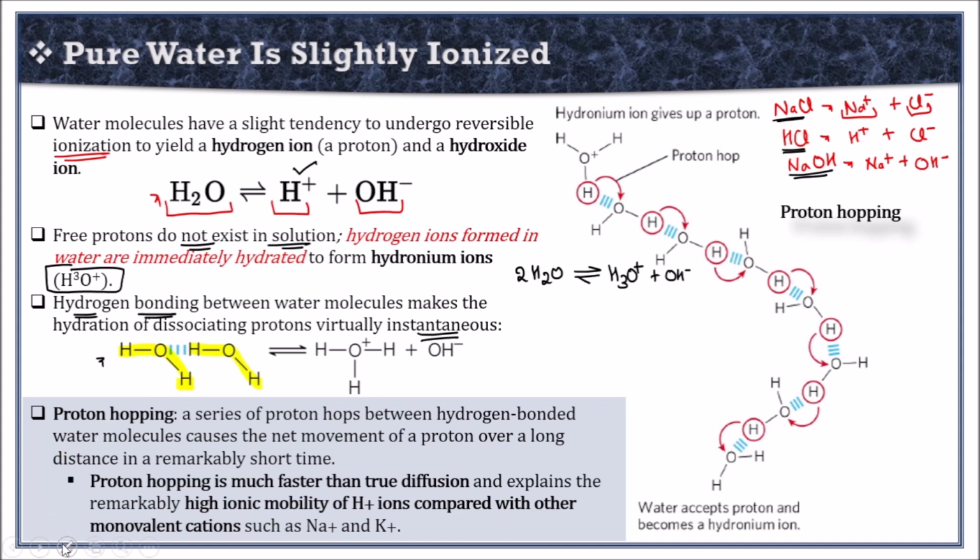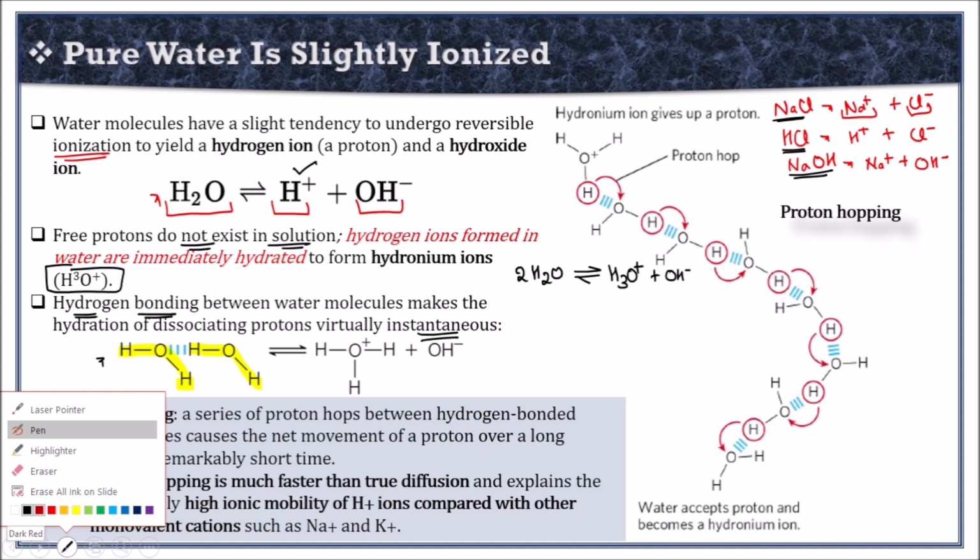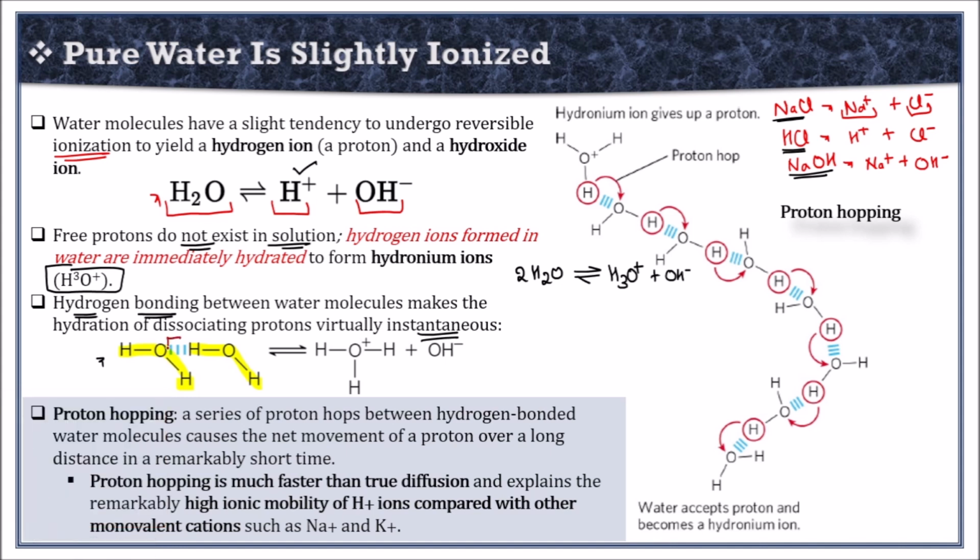As you can see, both of these water molecules are connected through this hydrogen bonding. Okay, so because they are already in contact, this ionization happens instantaneously, and these water molecules will break into hydronium and hydroxide ions.